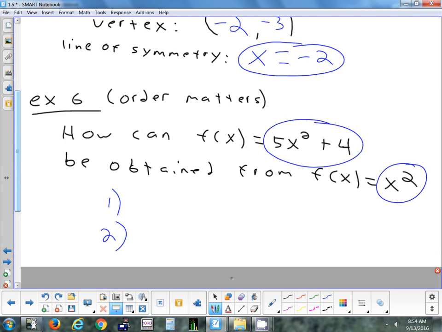What kind of transformations? Horizontal shift. Vertical shift, stretching, flipping, that kind of stuff doesn't affect it. At least flipping vertically, over the x-axis. Okay, how many transformations are happening here?